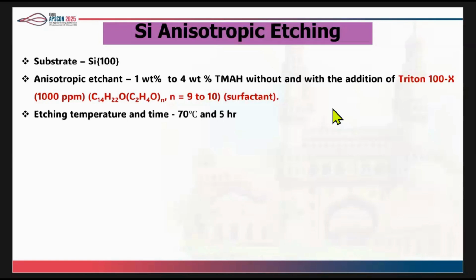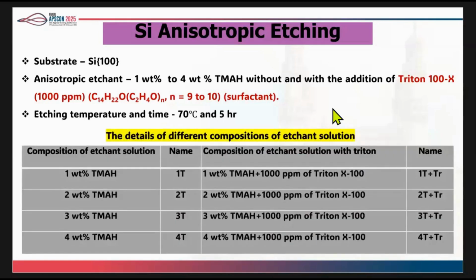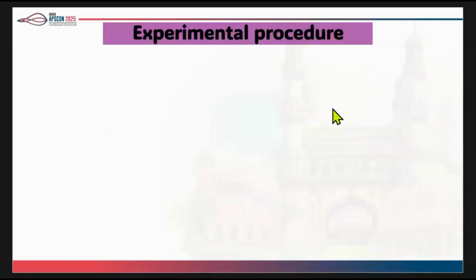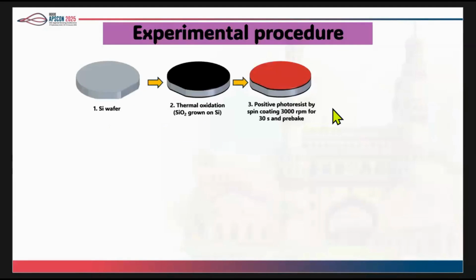The etching temperature I chose is 70 degrees and the etching time is 5 hours. For that, I have to give the composition details: 1 weight% I mention as 1T, and if I add Triton, I mention 1T plus Triton.